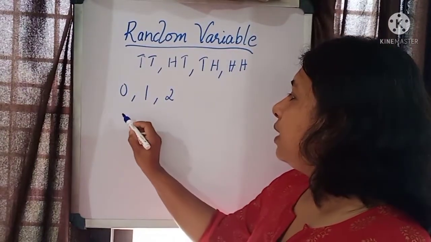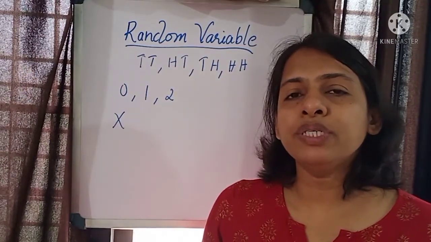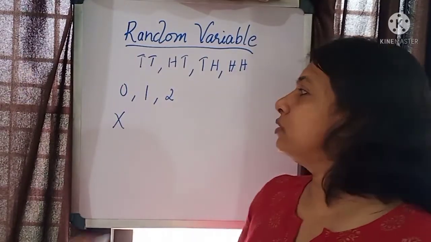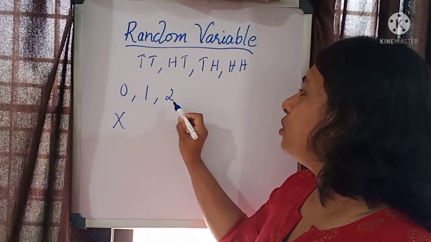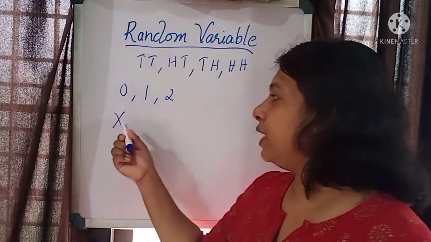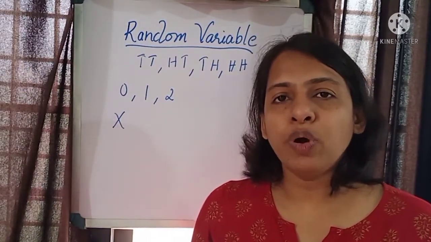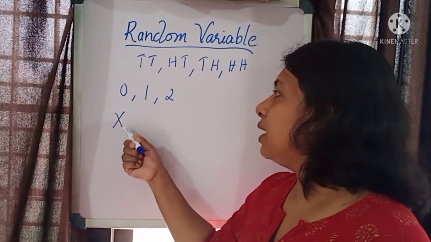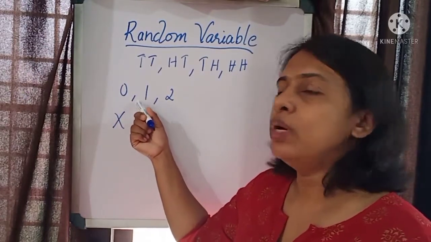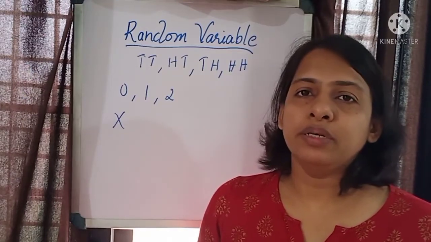Therefore, let x be a random variable which takes values 0, 1 and 2. This variable x may be called a random variable because its values correspond to the results of a random experiment.